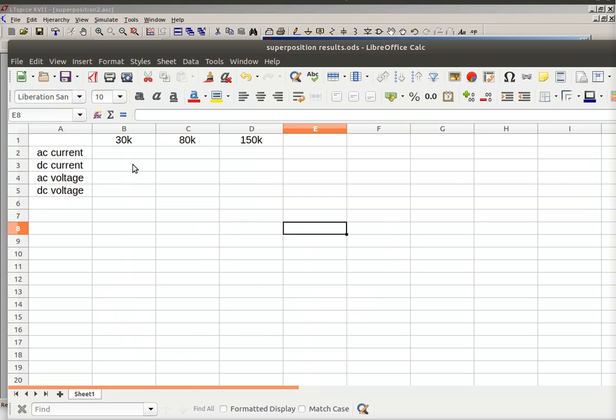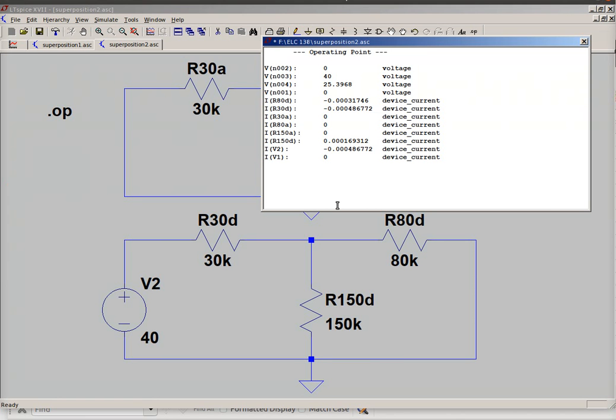So the DC voltage across the 30K resistor would be 14.6 volts. Now the 80K and the 150K are both in parallel, at 25.4 volts from a DC standpoint. If I go back to the superposition, that's what you see.